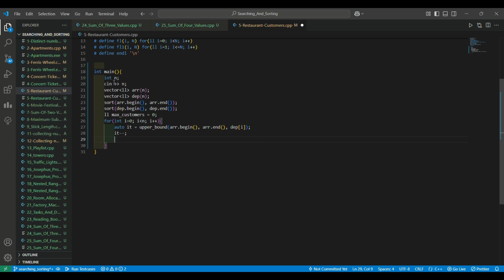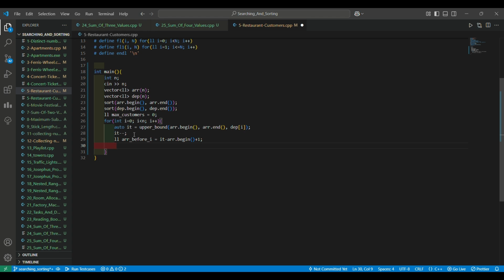Then we would find all those customers who arrived before this ith customer. We will take a long type variable arrived before I and store IT minus arrival dot begin plus 1, because IT minus arrival dot begin will give us the index of the customer who is the last one to arrive before I. But after adding 1 to it, we will get the count, because index is always 1 lesser.